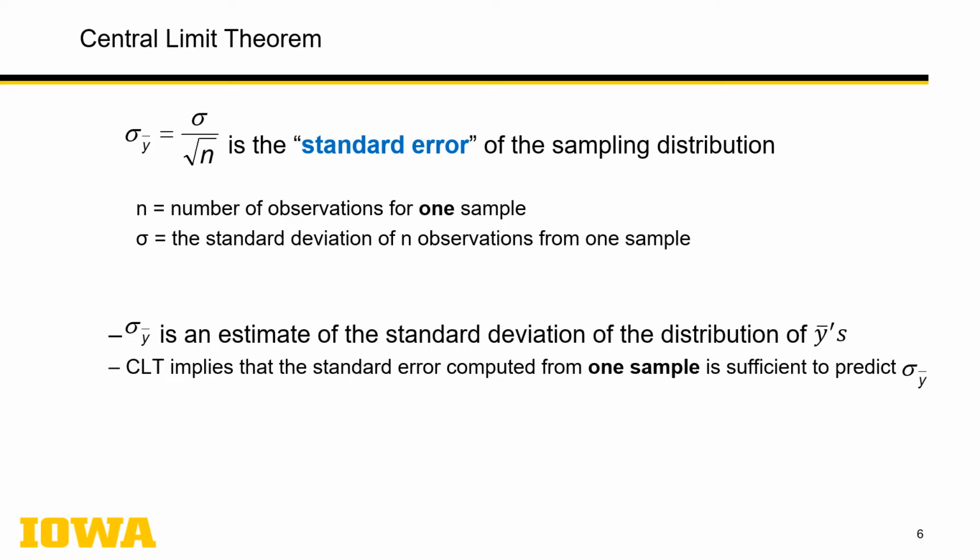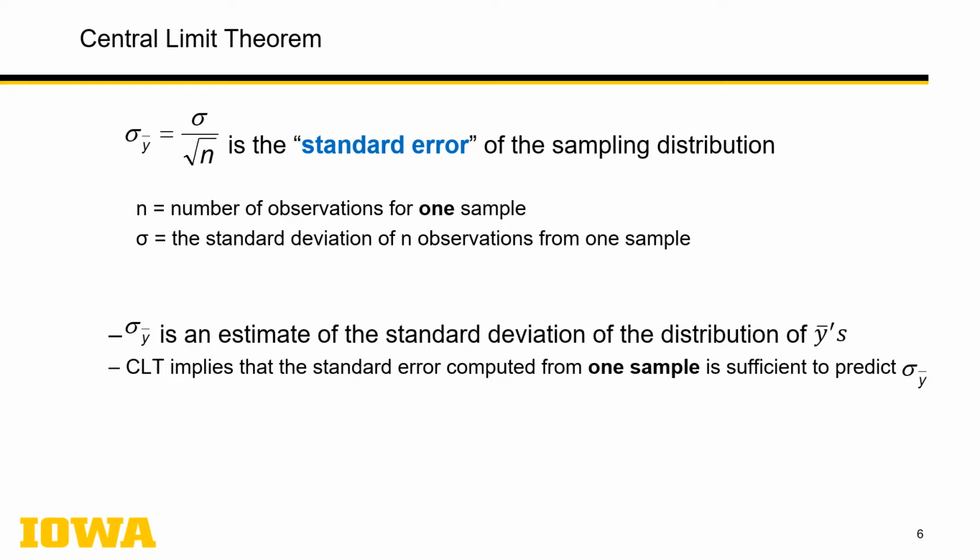So this means that you can have a good estimate of the standard deviation of the means really just based on one sample. You don't need to take multiple samples, collect a bunch of standard deviations from those samples, and then come up with a standard deviation of those standard deviations, as I talked about.